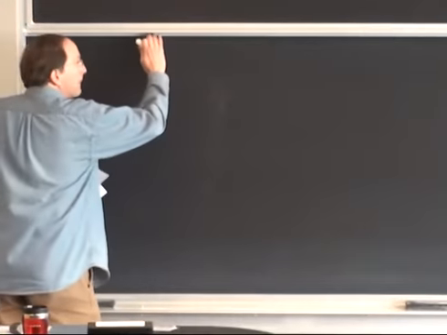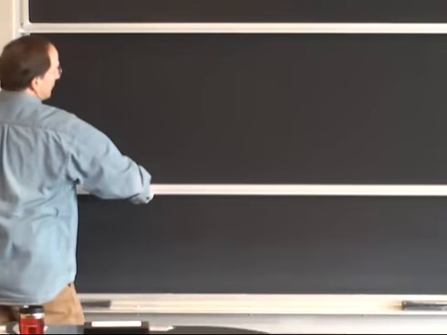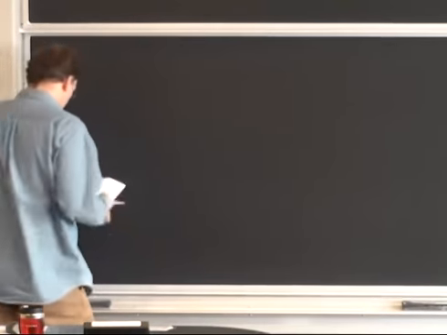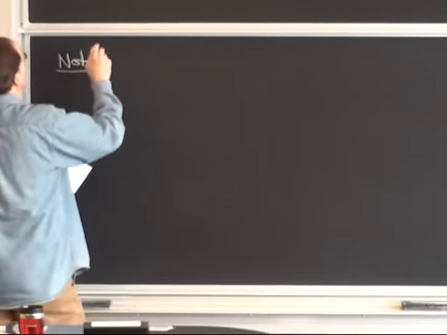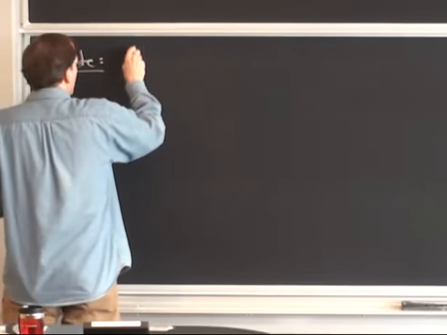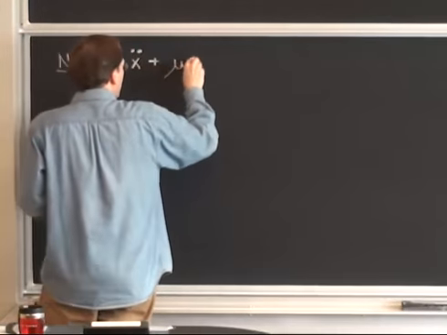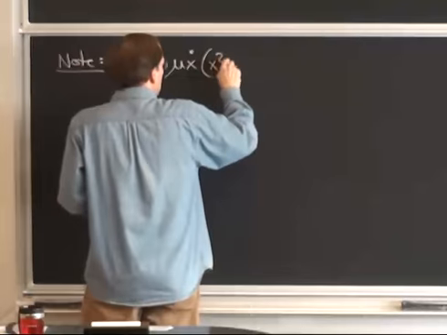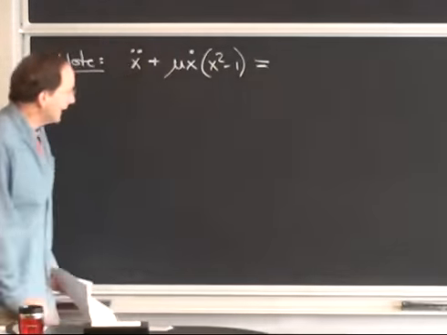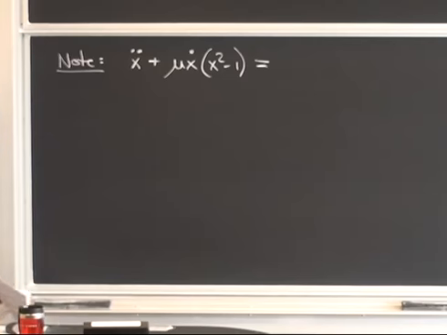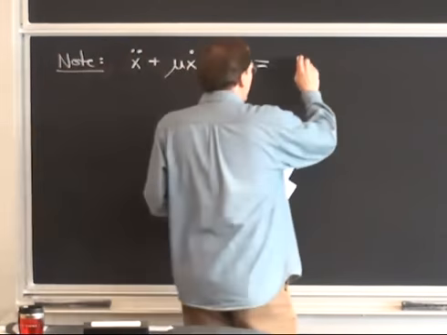So first look at the first two terms in the equation, x double dot plus mu x dot times (x squared minus 1). Just eyeballing that, ask, is that equal to something simpler? You might notice that it's a perfect derivative.